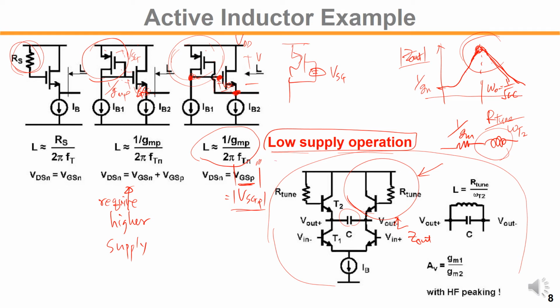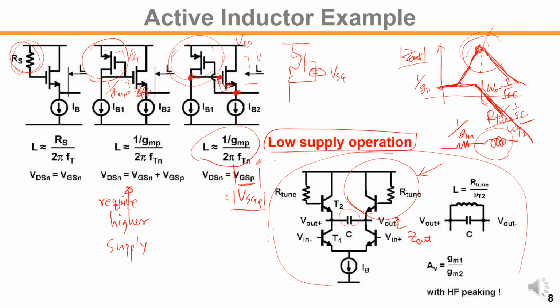We call this kind of technique inductive peaking. Without this inductor, we would have some R1 over gm, and the impedance would go down by the capacitor 1 over sC. But with the inductor, we boost the impedance.